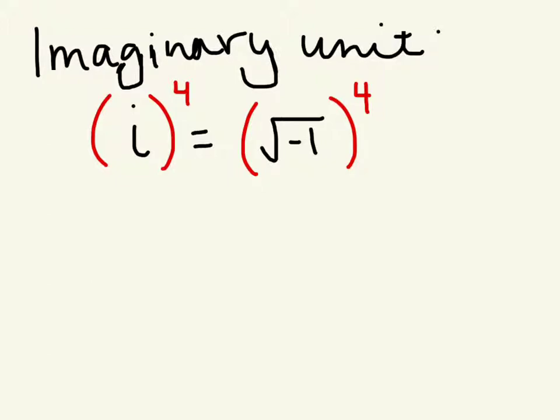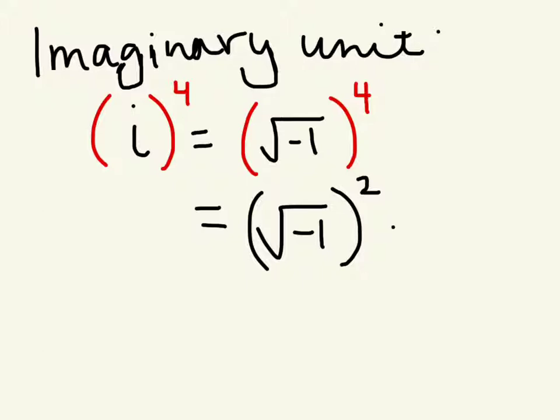Now let's analyze what happens when I raise both sides to the fourth power. So if I'm given I equals the square root of negative 1 and raise both sides to the fourth power, let's consider what we've done in the previous examples for powers of I. So we know that the square root of negative 1 raised to the 2 is equal to negative 1.